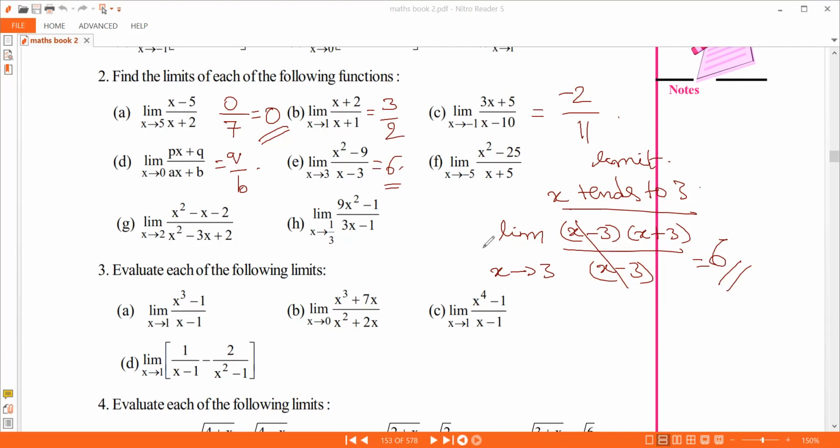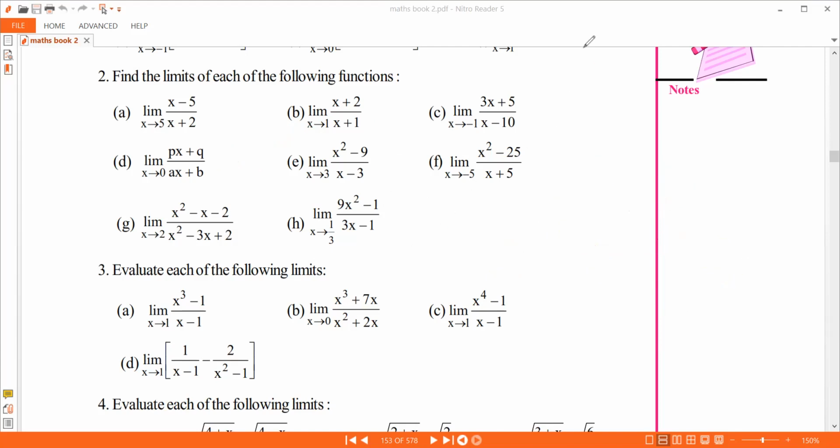This is x square. 5 square is 25 minus 25 is 0 by minus 5 plus 5. Yeah, it will be 25 anyways. 25 minus 25 is 0. This is also a hurting term. Minus 5 plus 5 is equal to 0. So lim.